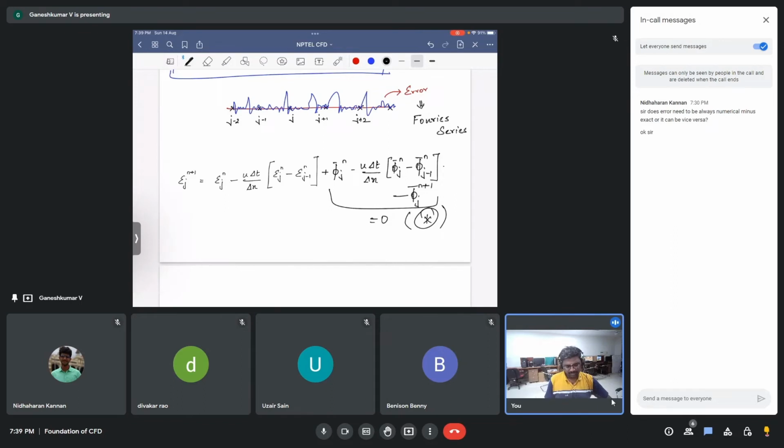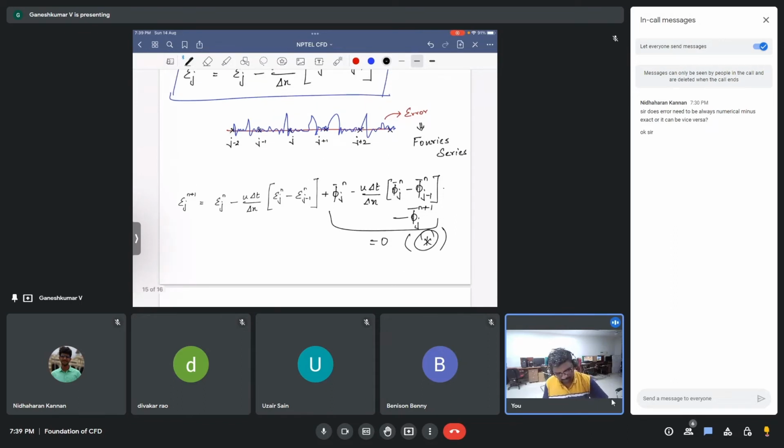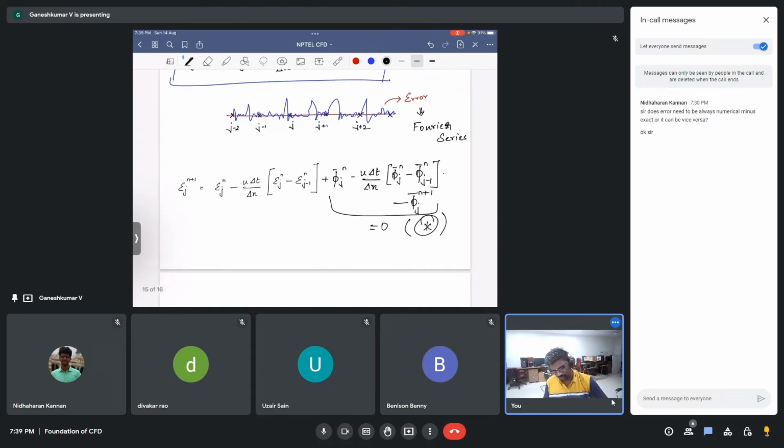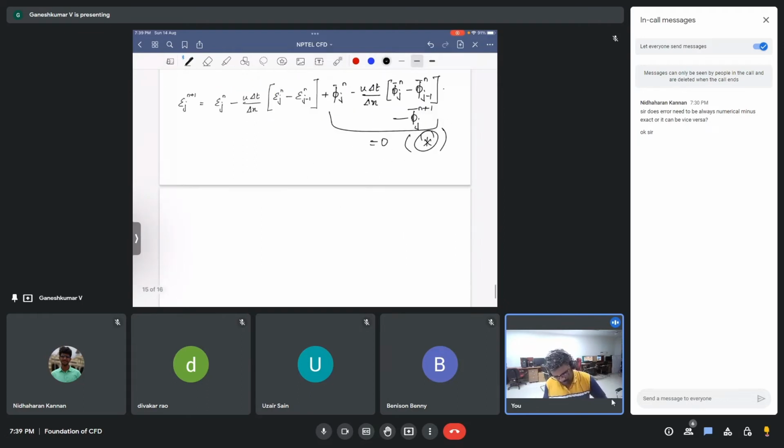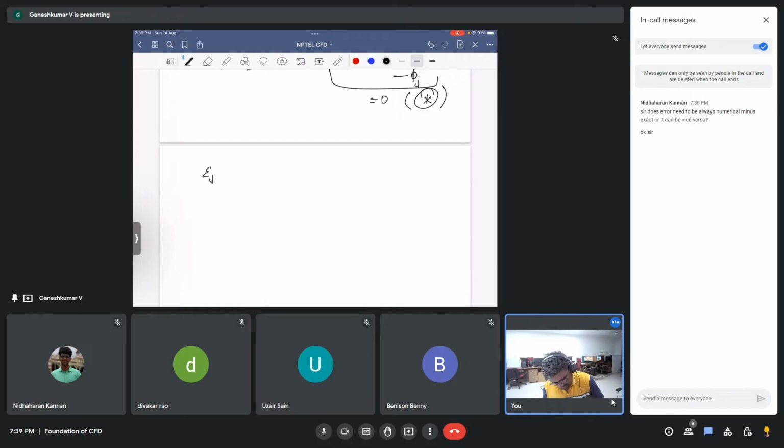That's a very poor way to put it, but you can go back and look at what a Fourier series is and how it is useful. We are not going into the details of Fourier series, but we will represent this error as a Fourier series. How we will represent the error is a summation of m equal to 1 to M. It is our wish to take whatever M we want.